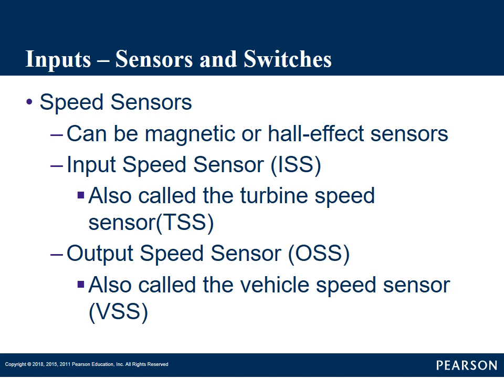Another thing it does is if we don't have an input speed sensor, they need to know on overdrive transmissions with lockup torque converters how much slip is in that torque converter. If you remember that from torque converters. If that slip is too much, it will set codes.